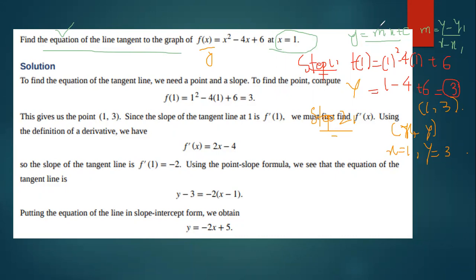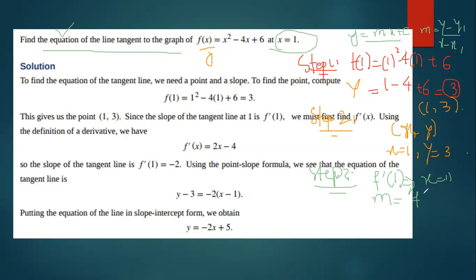Now in step number 3, we have to find the slope. To find the slope, we have to find the derivative, since the slope of the tangent at x equals 1 is the derivative f'(1). As we know, the derivative equals the slope because it is the rate of change.